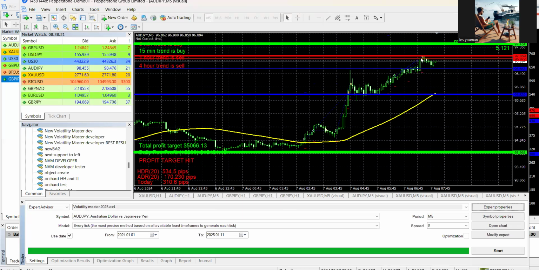Alrighty, so on this chart, we have this red line as the top of the range and this blue line being the bottom of the range. And we're also trading the 15-minute buy. So if the market was to break above that red line, it would take out a buy order and it would place a stop loss just below the bottom of the range.